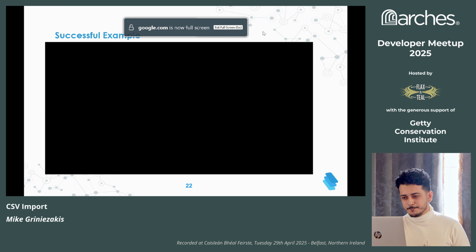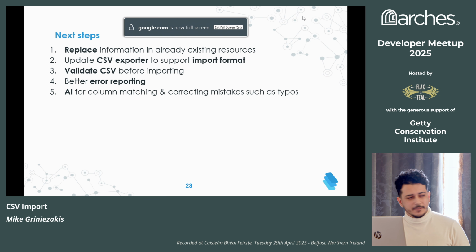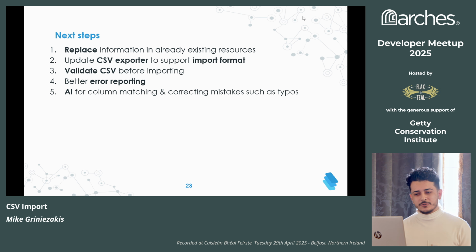Finally, as the next steps for improving the CSV importer further, we'll try to not only support adding new information to the system, we want to support replacing already existing information in the system. So instead of adding new tiles, we'll replace the current ones with the values that the user provided.